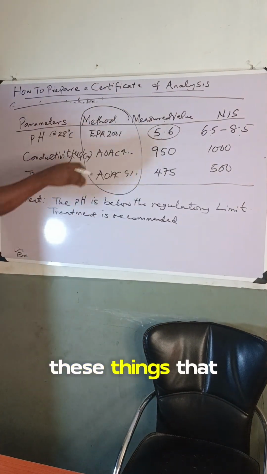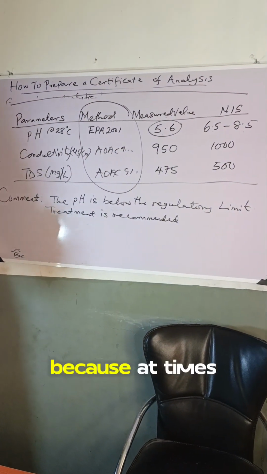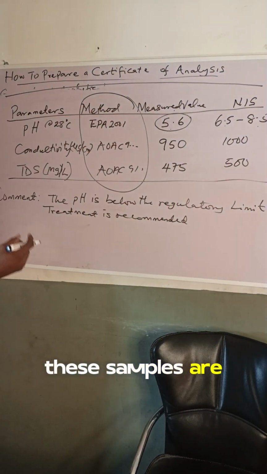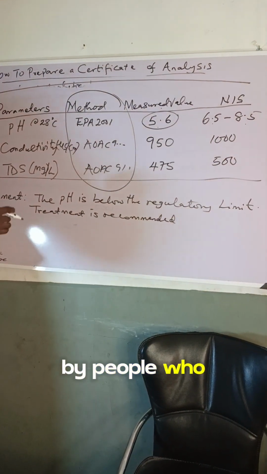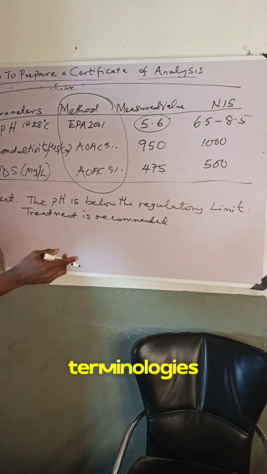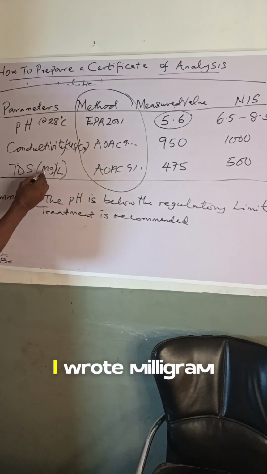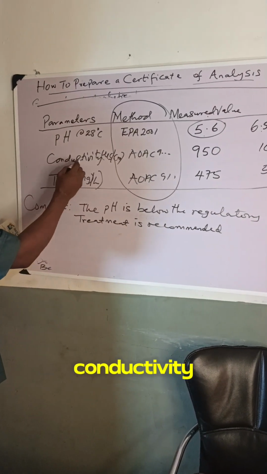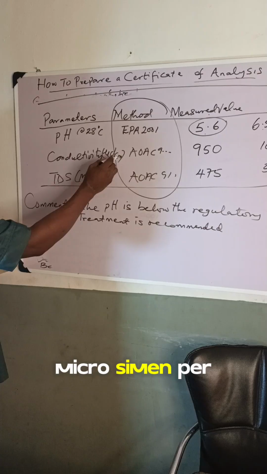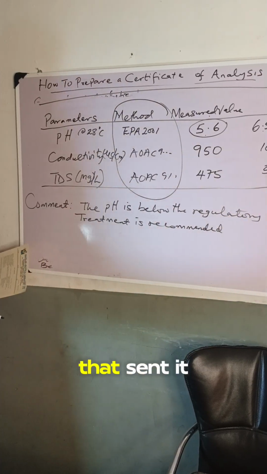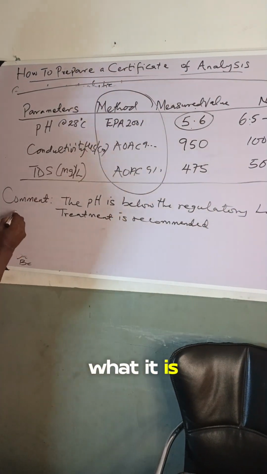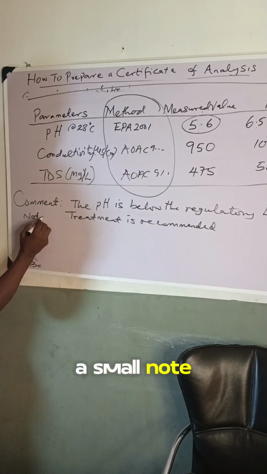Now, in all these things that we have written, because at times these samples are received by people who don't understand certain terminologies. You have seen where I wrote total dissolved solid, I wrote milligram per liter. For conductivity, the unit is microsiemens per centimeter. But the person that sent it may not understand what it is, so you have to clearly make a small note.